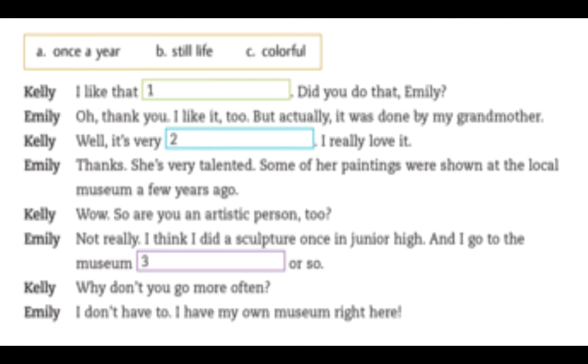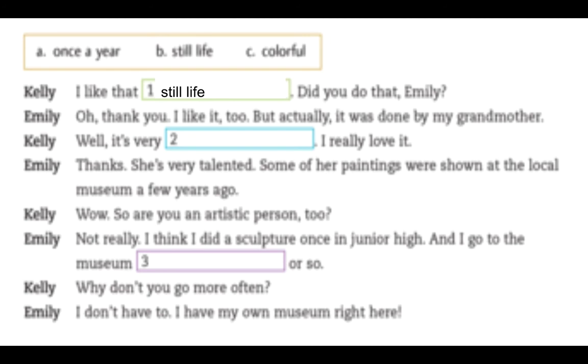Okay, so they are talking about a painting in the house. You can see Kelly and Emily. So let's look. I like that still life. Did you do that, Emily?